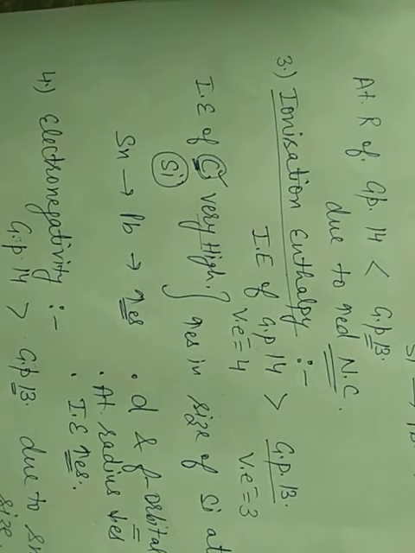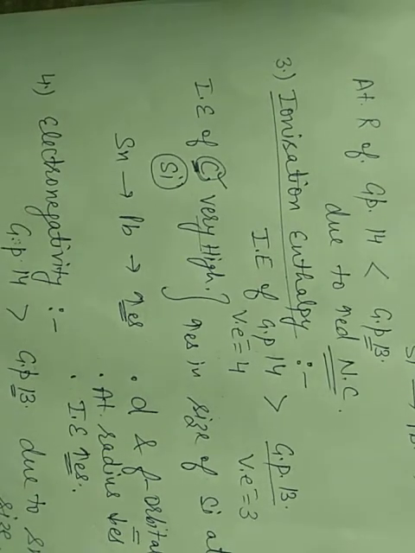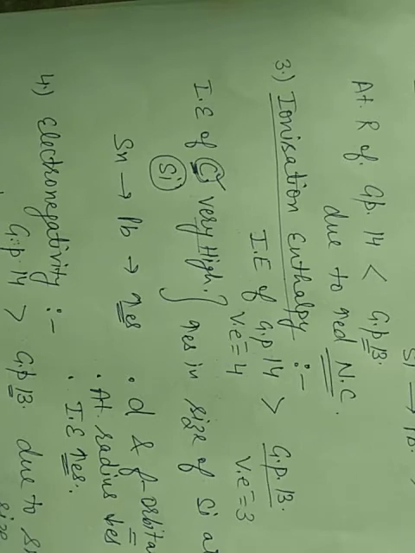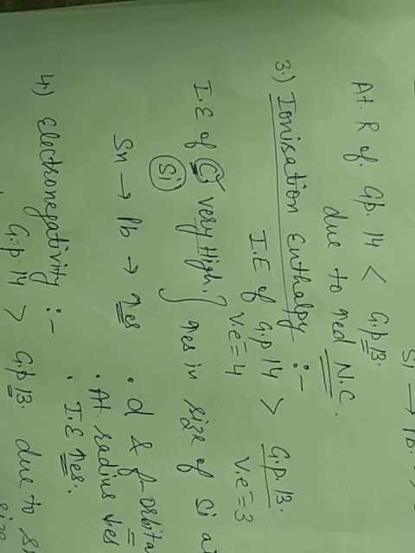But carbon is the most electronegative element of this group. As we move down the group, electronegativity decreases up to silicon and then becomes constant.